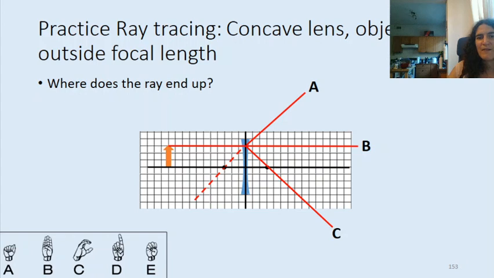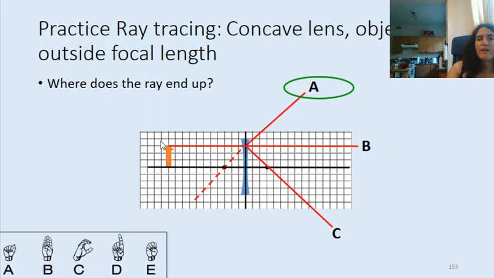Okay, let's try more. The difference now is we have a concave lens, right? So notice how this is drawn as a concave lens. So now we have actually different rules for what happens to the light beams. Okay, so where does this light ray end up? Okay, hopefully you said A, right?